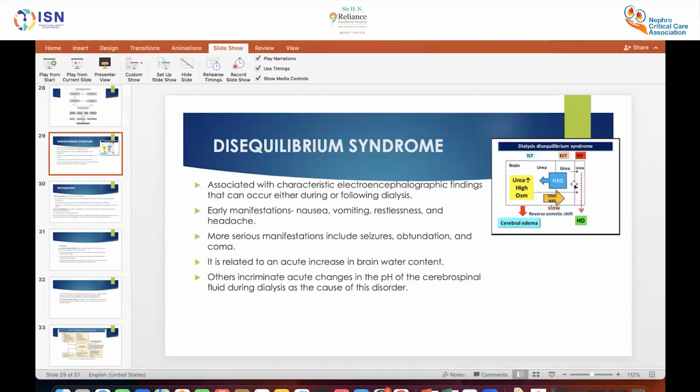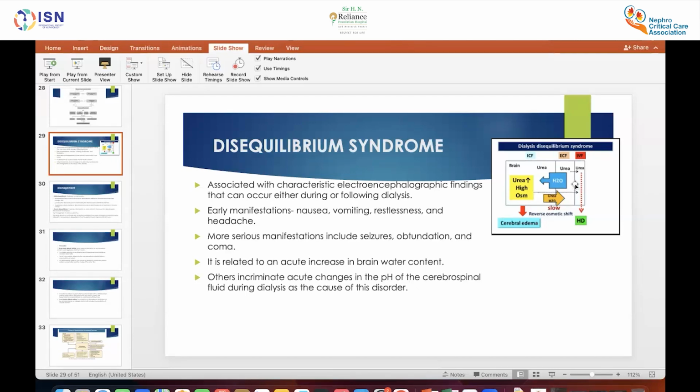So ICF is 2/3 and the extracellular fluid compartment is 1/3, out of which 1/3 is the intravascular compartment and another 2/3 is the interstitial compartment.